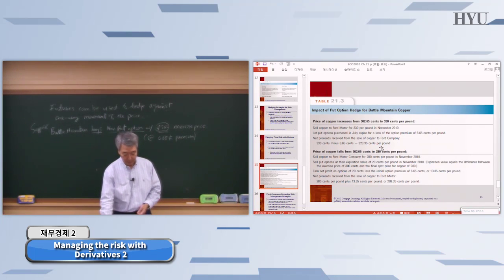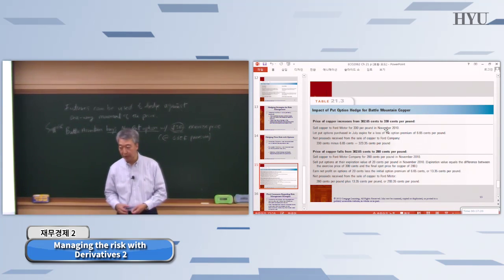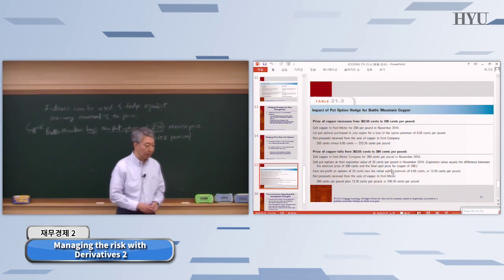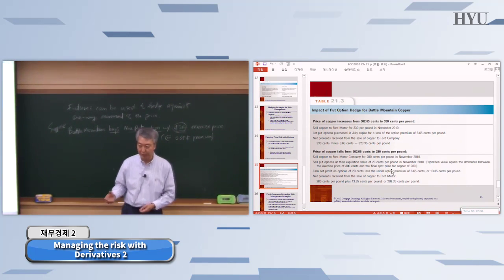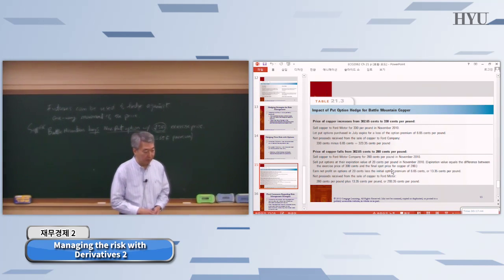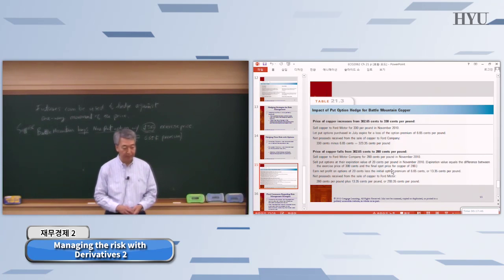In the first case, if the price rises, you let it expire and just sell your copper at the market price. But if the price declines, then you can use the option. You can sell the copper at the market price, and you can also sell the put option at the current price of the option, and that way you are protected.